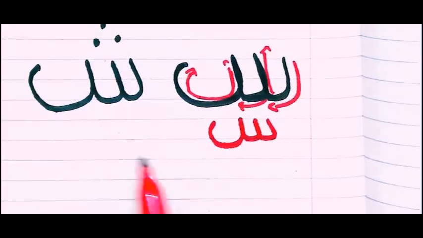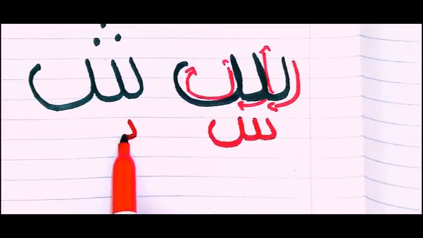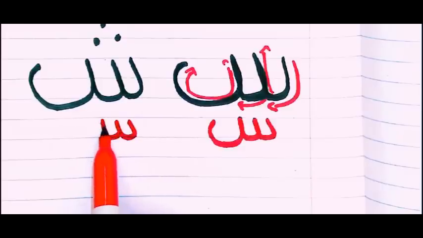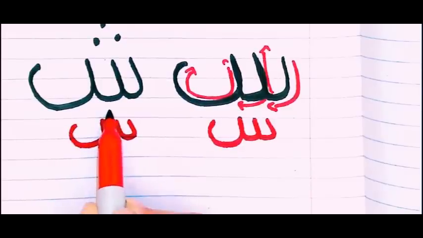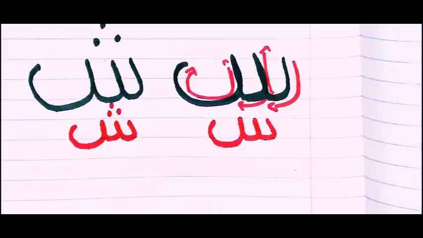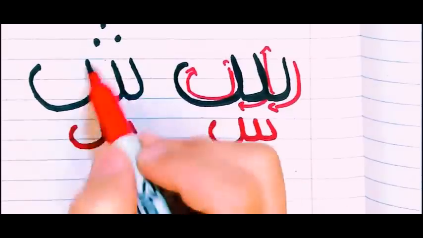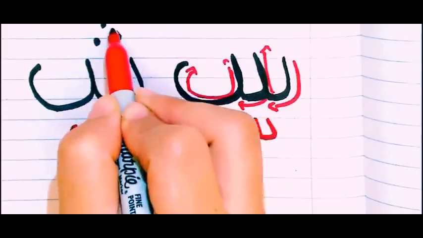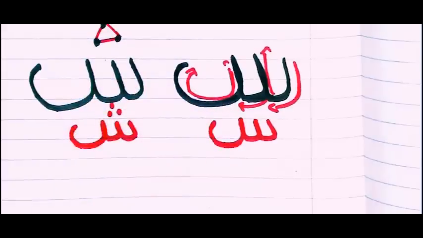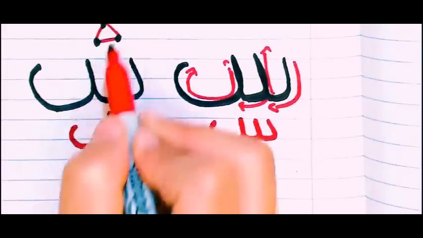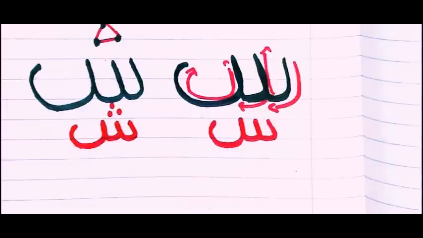Look at the sheen. One, two, three, and you curve it again. Three dots. Make sure you write the three dots. They have a triangle shape. They're not connected. I'm just showing you here what shape they make once you connect them.